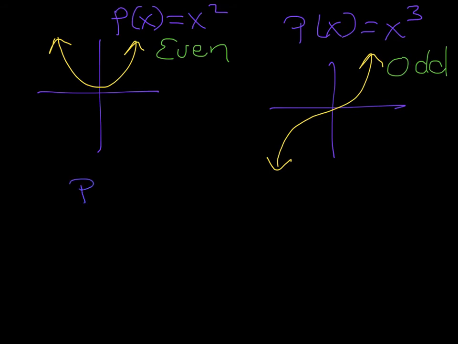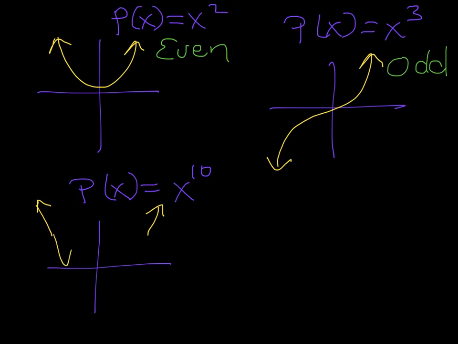If I have p of x where x is to the 10th power, that is an even number. So what's going to happen in this function is that my end behaviors are going to pretty much be the same. So I'm going to put my end behaviors on first, and then I can have a whole bunch of bumps in between those two graphs, and they would connect.